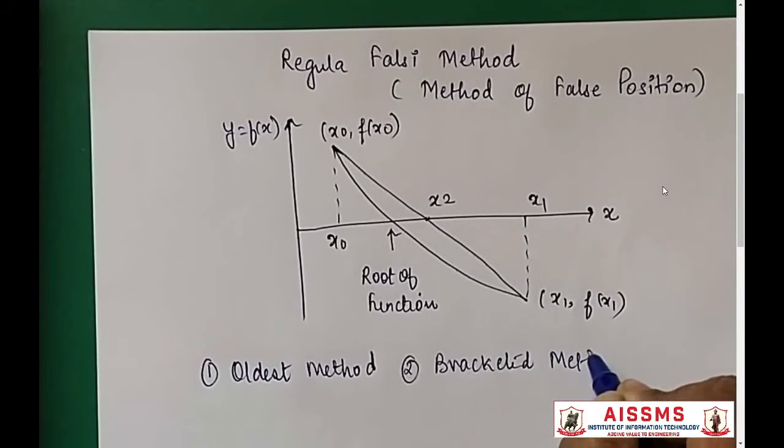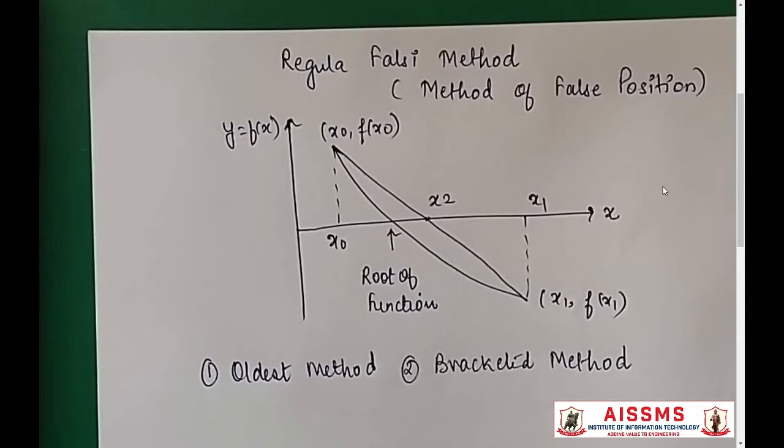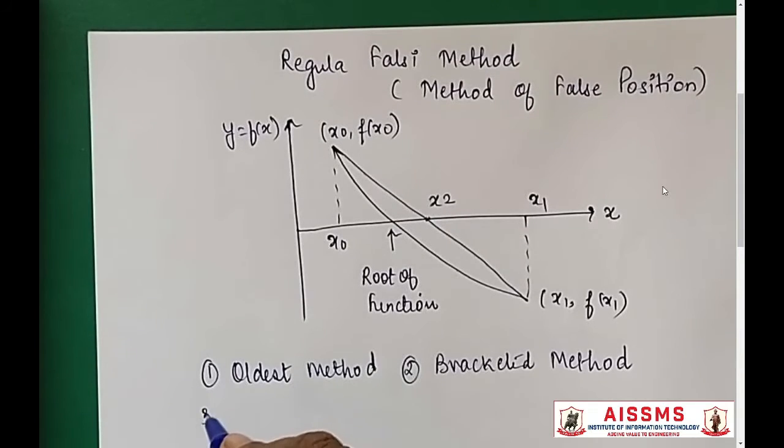I have told you what a bracketed method is. When you take an interval for calculating the root of the equation, those methods come under the category of bracketed methods. And let us see what the principle of this method is.